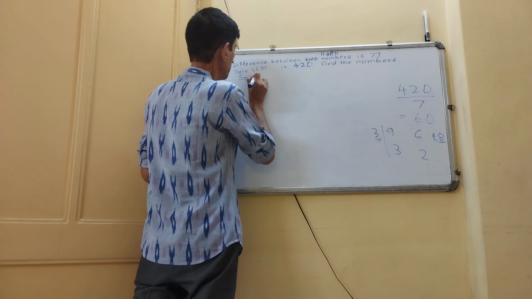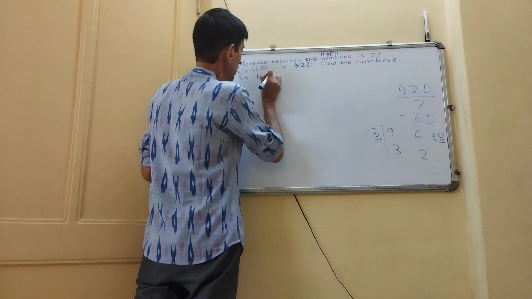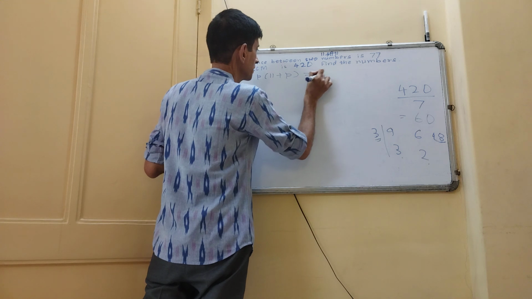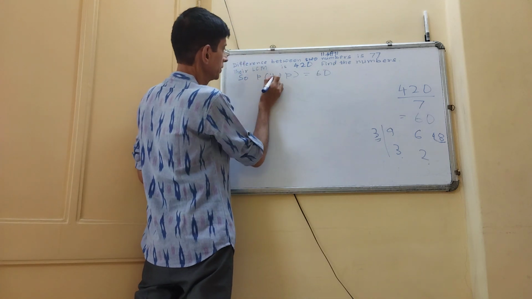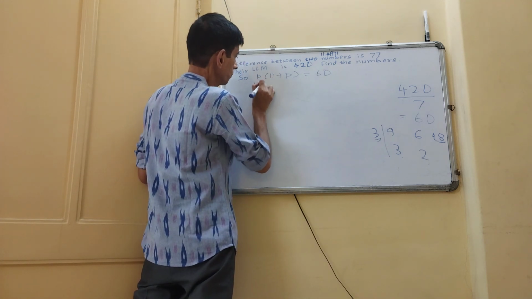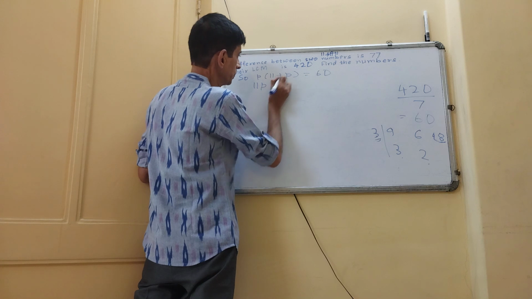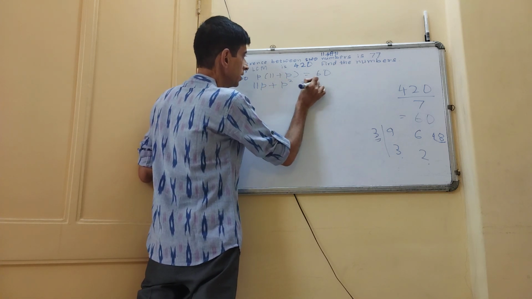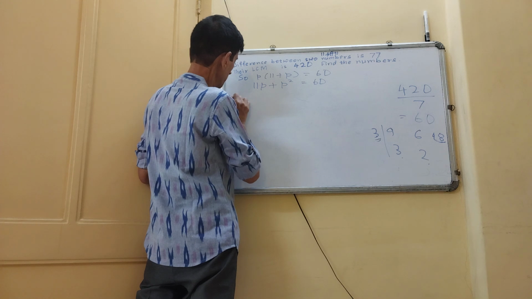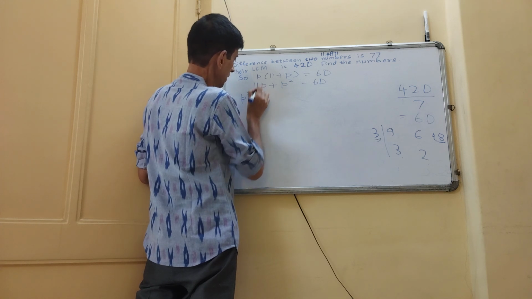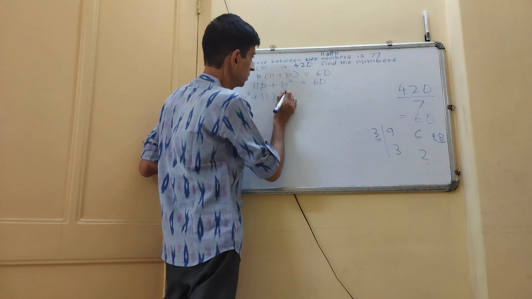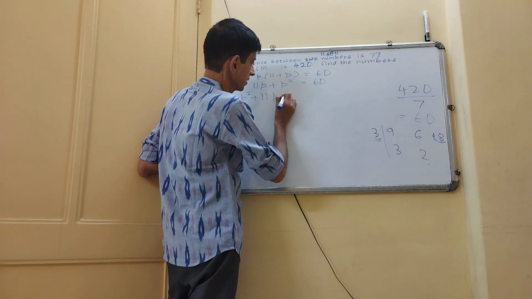So P into 11 is 11P and P into P is P square, plus P square. So this becomes a quadratic equation. Therefore, P square plus 11P, let us rearrange the terms in descending order of the power and take this constant on this side.